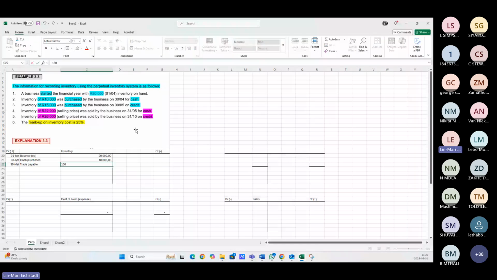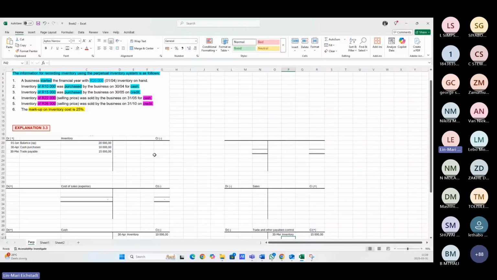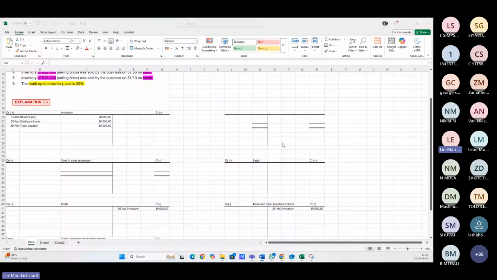We still need to pay it at some point in time. So the contra entry of this, making the inventory more, is increasing our trade and other payables, because they increase on the credit side as they are a liability. It's a debt that we owe. And what is the contra of this? Why did we increase our trade and other payables account? Because we purchased inventory.